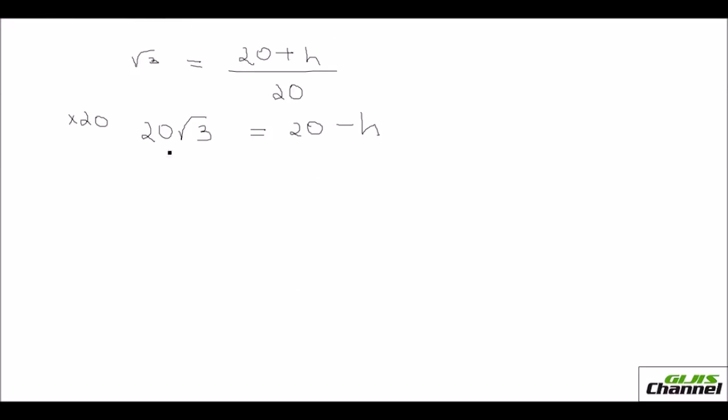Now you can say that your height, sorry, this is plus. So your height is equal to 20 root 3 minus 20 equals h. So when I do that with the calculator, I get my h as 14.64.